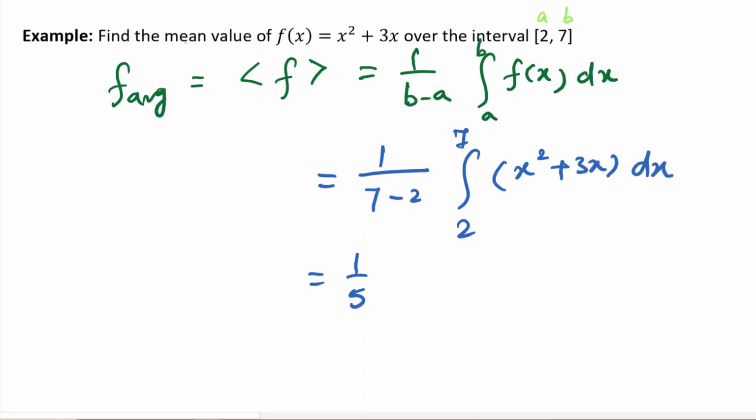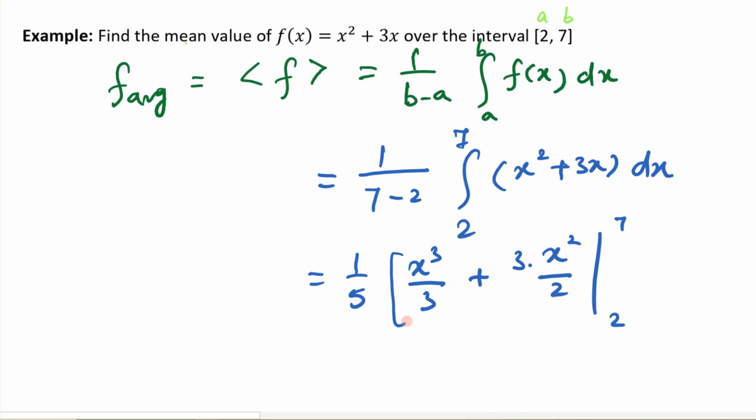So 1 over 5. The integral of x squared is x cubed over 3, plus 3 times the integral of x, which is x squared over 2, and then the limits of integration are from 2 to 7. You can write the square bracket or you can just use a bar.